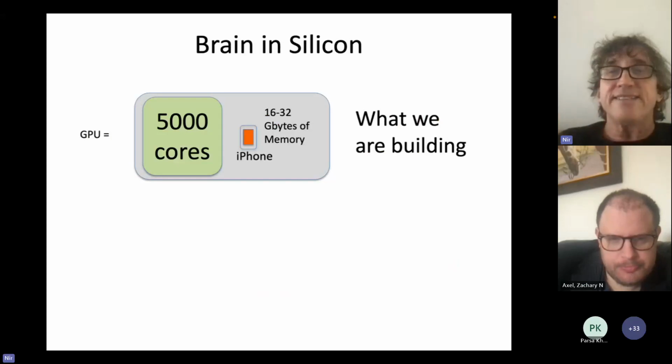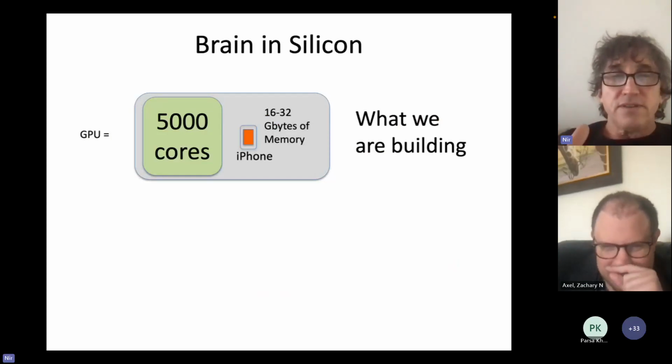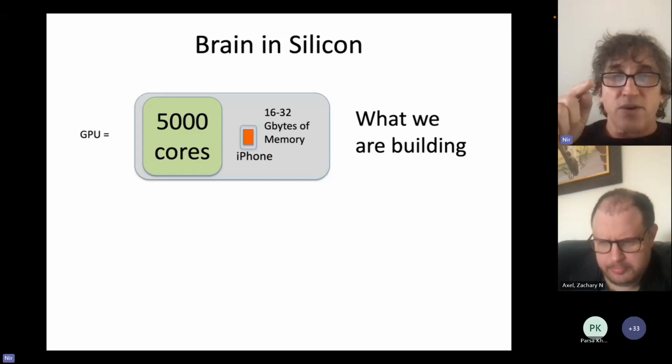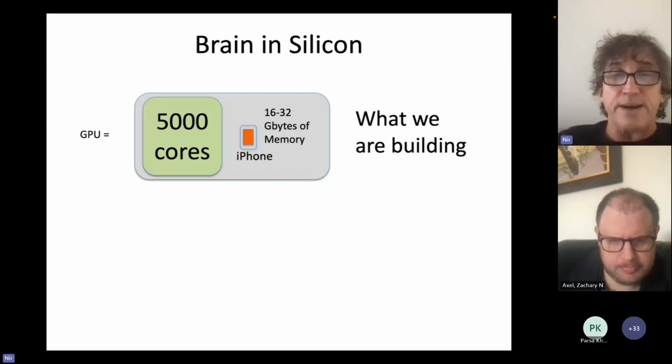So to summarize this whole thing, my rant here: a GPU is thousands of cores with a few gigabytes of memory, like an iPhone.